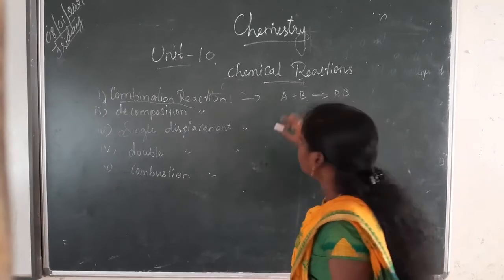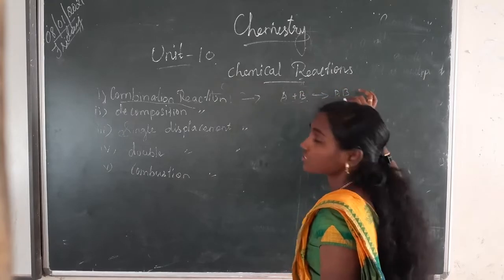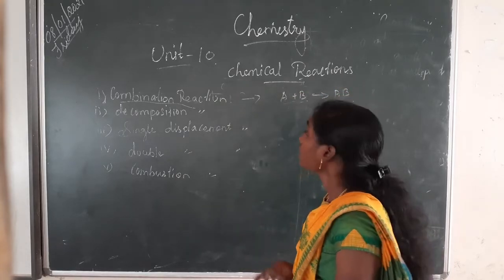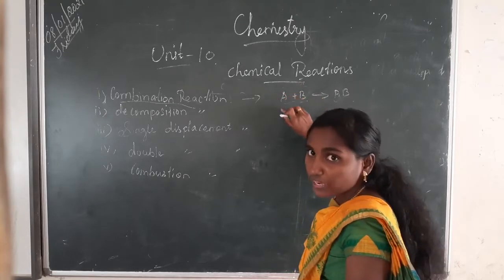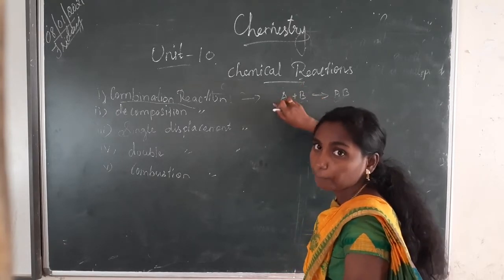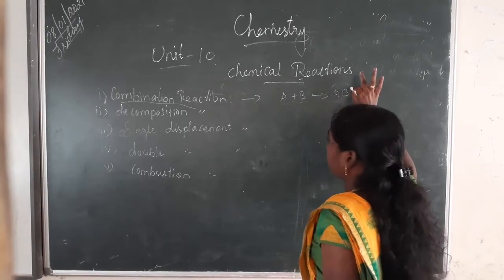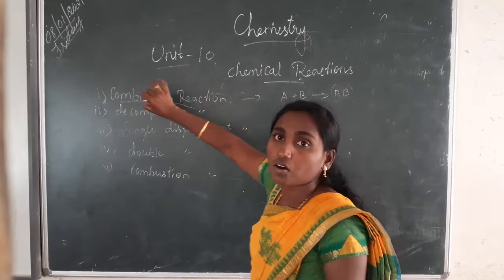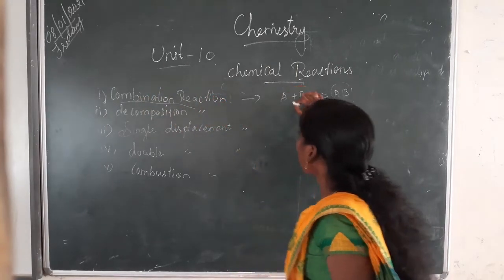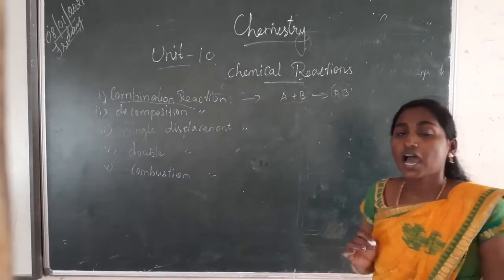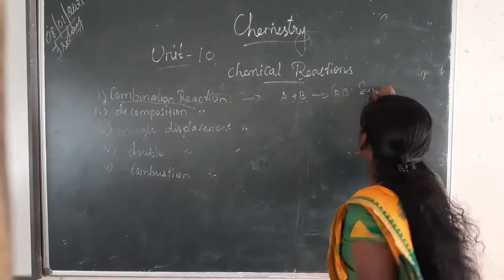Already we studied: this is called the reactant and this is called the product. So 2 or more elements react together, combine together to form a new product. That is called a combination reaction.